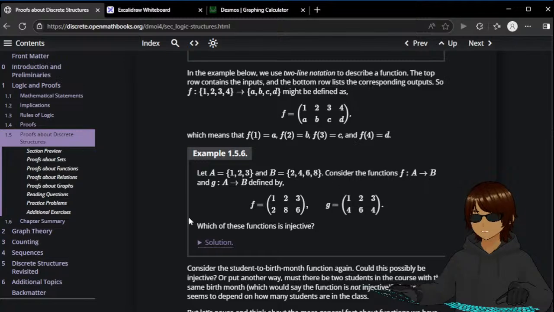Consider the functions f and g from A to B defined like this. f: 1 to 2, 2 to 8, 3 to 6, and g: 1 to 4, 2 to 6, 3 to 4. The inputs are 1, 2, 3, and the outputs are these. Which of these functions is injective? This one, because it is one-to-one. In the other, multiple inputs go to the same output.